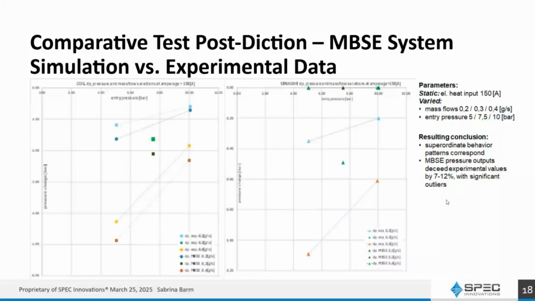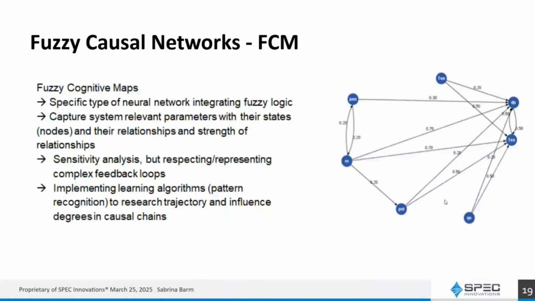And overall, that means the model generally works, but the accuracy needs to be improved. And what we've also seen looking at data of our tests and our models is that a lot of parameters not only influence the overall system behavior, but also seem to influence each other.